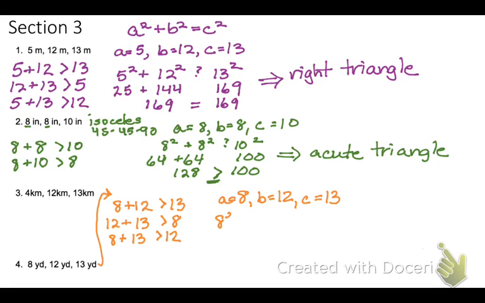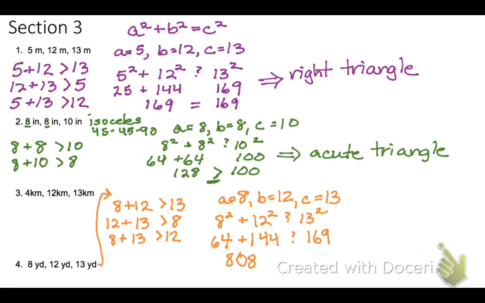So 8 squared plus 12 squared is somehow related to 13 squared. 8 squared is 64, plus 144 is somehow related to 169. So 64 and 144: 4 and 4 is 8, 6 and 4 is 10, carry the 1... 808, no, that can't be.